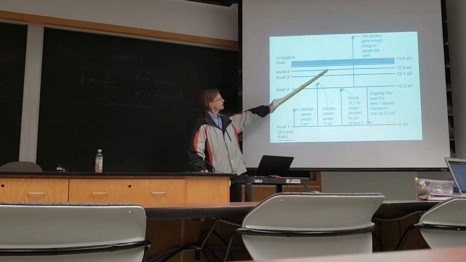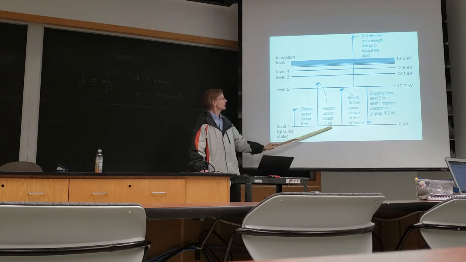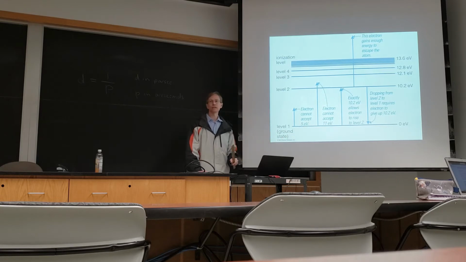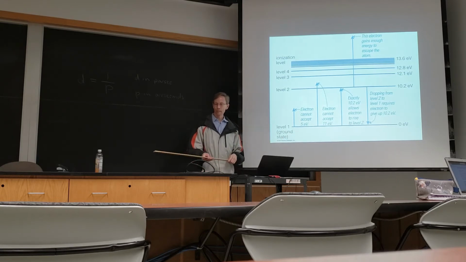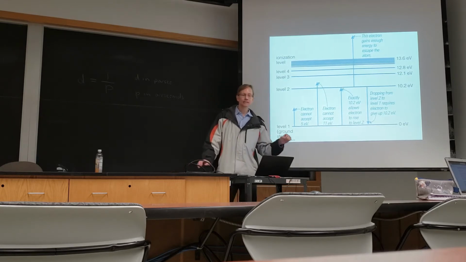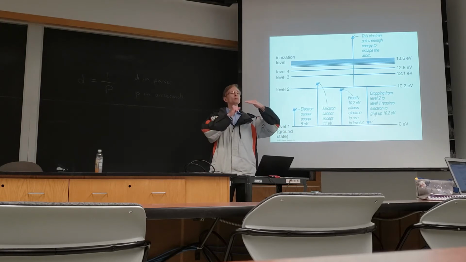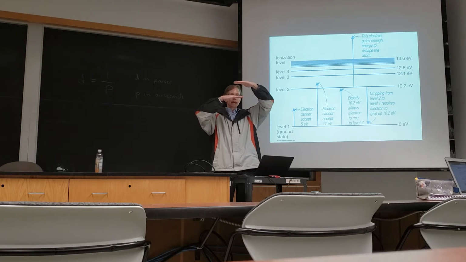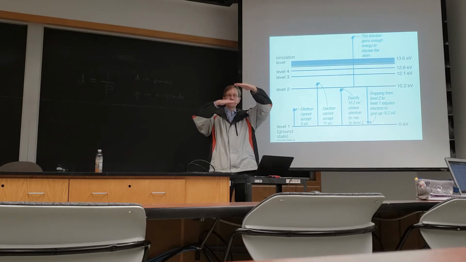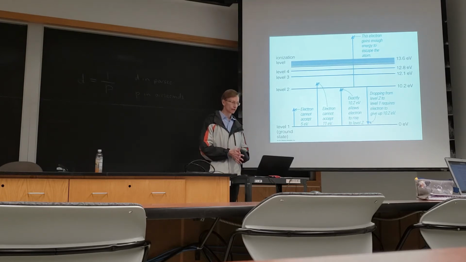Or it could give up 12.8 electron volts of energy and go all the way from level 4 down to level 1, the ground state. So an atom can emit and absorb photons with energies equal to differences in energies of pairs of levels that the electron is able to be in, pairs of energy levels.